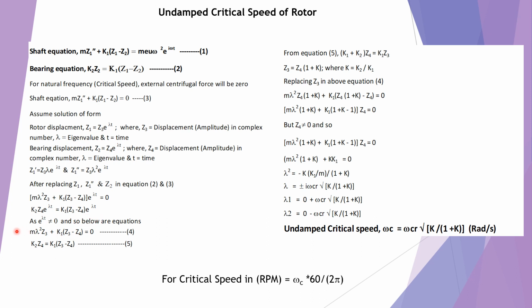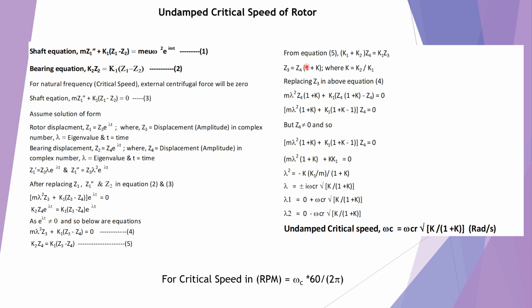But e to the power lambda t cannot be 0, and so we can write the equation m lambda square into z3 plus k1 into (z3 minus z4) is equal to 0. This is equation number 4, and k2 into z4 is equal to k1 into (z3 minus z4) is equation number 5.